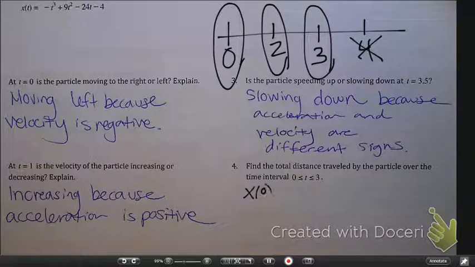X of 0 is 0 plus 0 plus 0 minus 4, so -4. X of 2 would be 2 cubed, that's 8, so -8. 2 squared is 4. 4 times 9 is 36, plus 36. 2 times 24 is 48, minus 48, and then minus 4.